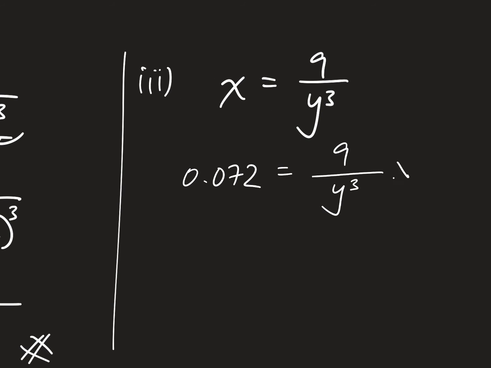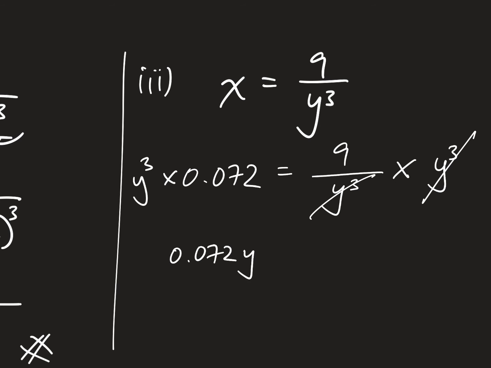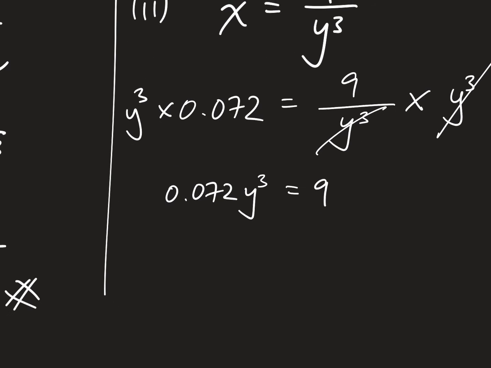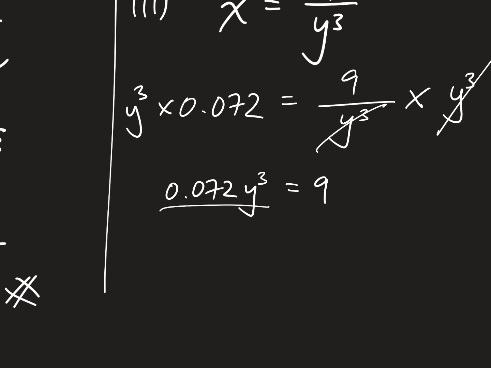Let's just multiply both sides by y cubed so that we can cancel these out. What is left is 0.072 multiplied by y cubed. Now we want to get rid of this 0.072, so we divide both sides by 0.072. What is left is y cubed.